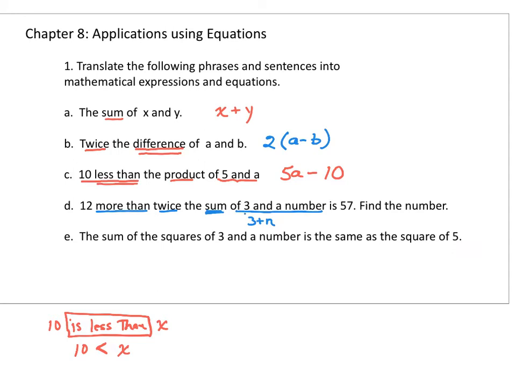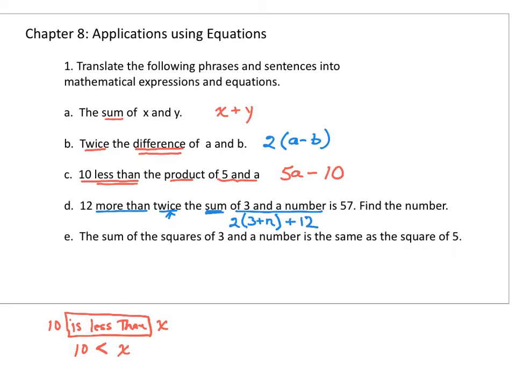Okay, that's the sum. I want to do something with that sum, so I'm going to put it in parentheses. And the thing I'm going to do with it is take twice that amount, so twice the sum. So now I have twice the sum of 3 and a number. And I need 12 more than that. So I can add 12 to either the left side or the right side. It just doesn't really matter. I'm going to add 12 to this side over here.